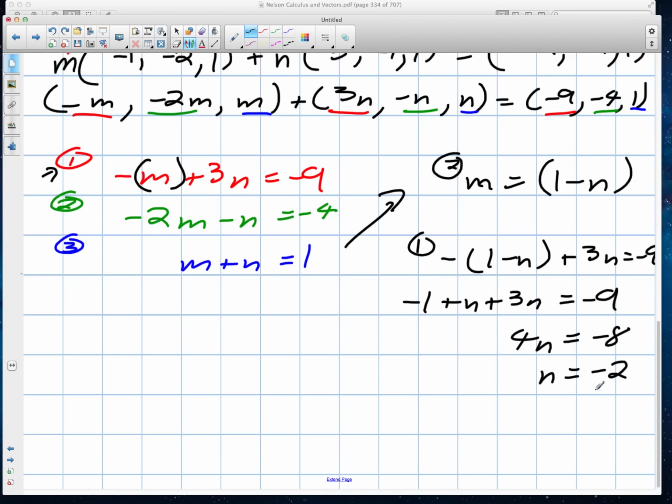So I got a value of n. I'm just working with equations 1 and 3 right now, and then I'll prove it at the end in equation 2. Notice we're only working with 2 equations to start, these 2.